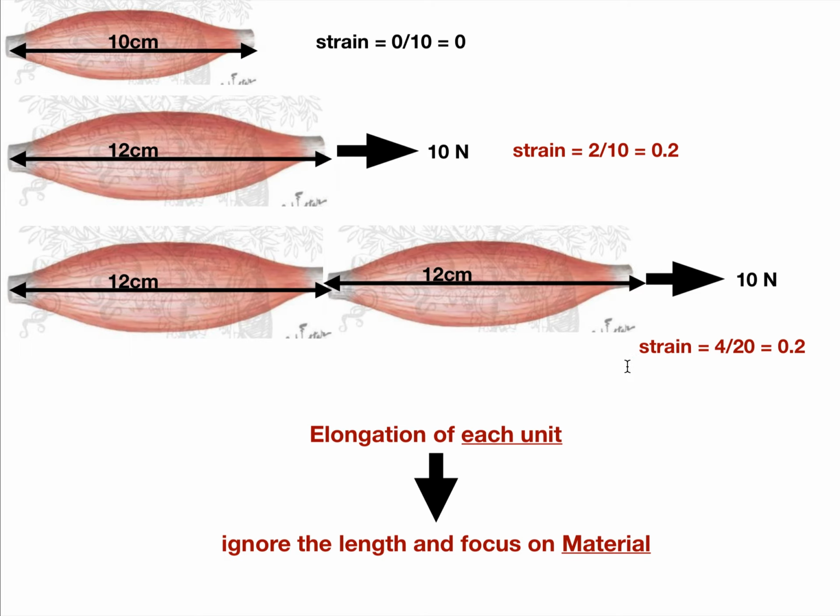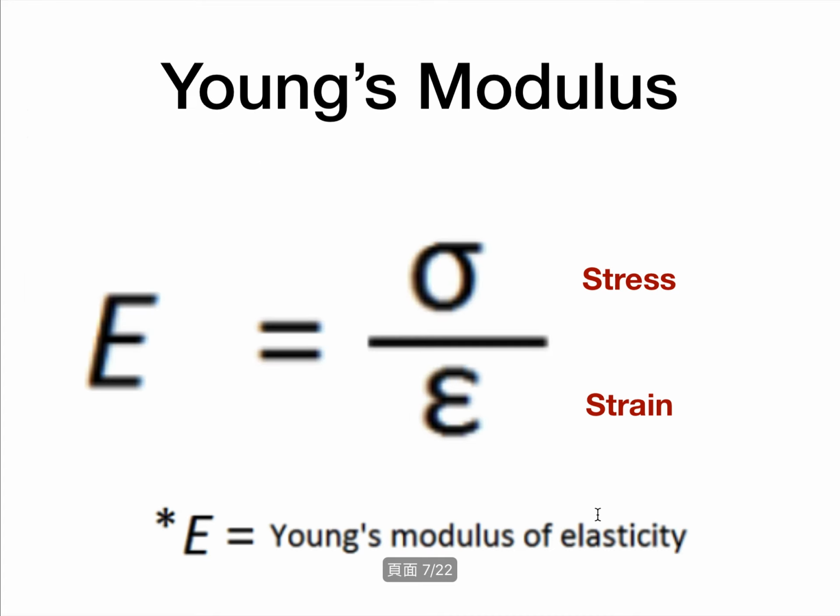When you calculate the strain, it'll probably only be related to the material. Okay, so when we put stress over strain in a ratio, that's Young's modulus. That's a super important idea for today's lab. So basically, we're going to calculate stress and strain and then put them together to get a Young's modulus.